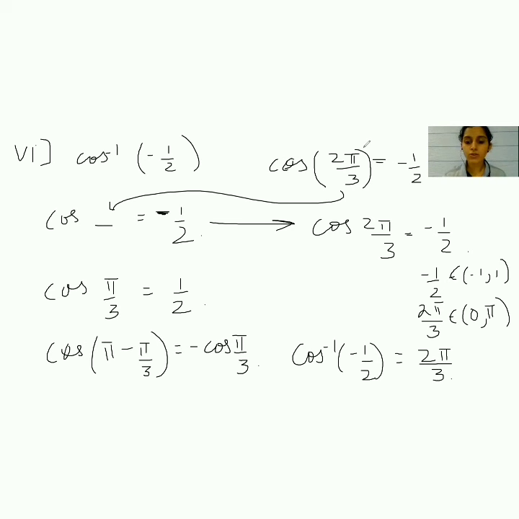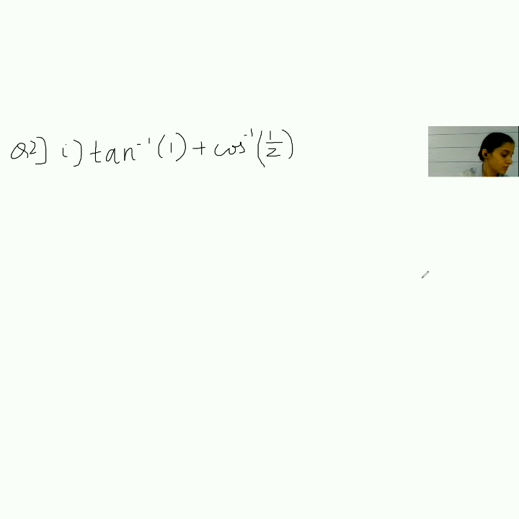Now we'll move on to question 2. Let us go to the first one. It says evaluate tan inverse of 1 plus cos inverse of half plus sine inverse of half.